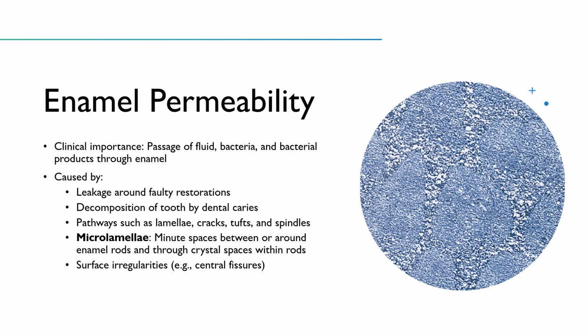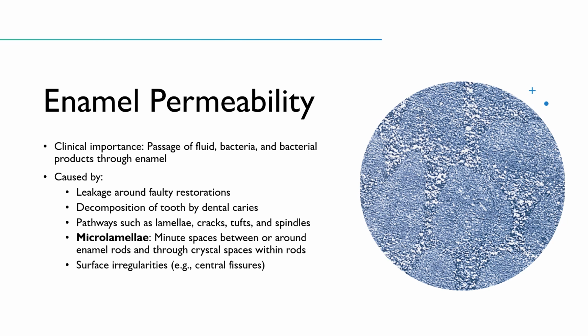Now, I know we talked about lamella, which I said are those hairline fractures. There's also micro lamella. Imagine these are even tinier, microscopic, very minute. These are those minute spaces between or around the enamel rods and right through the crystal spaces within the rods.